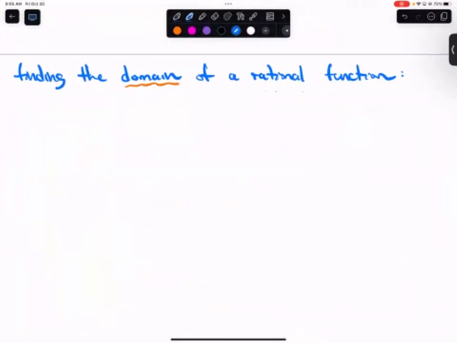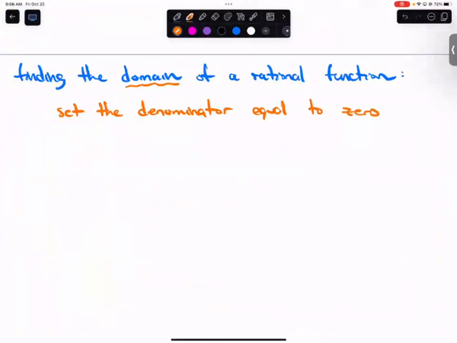Okay, so if we want to find the domain for a rational function, what do we need to do? Set the denominator equal to 0. Okay.